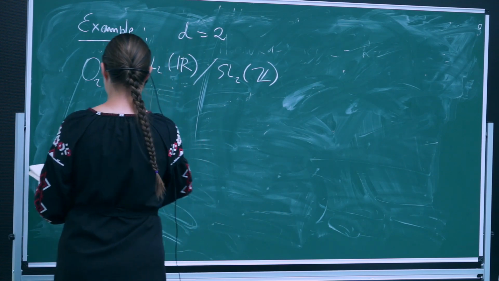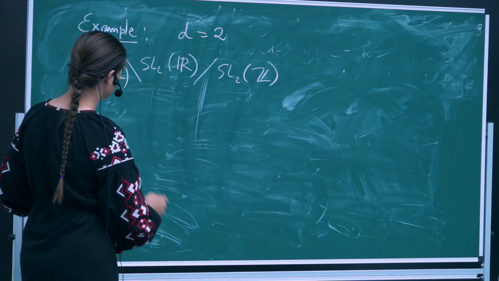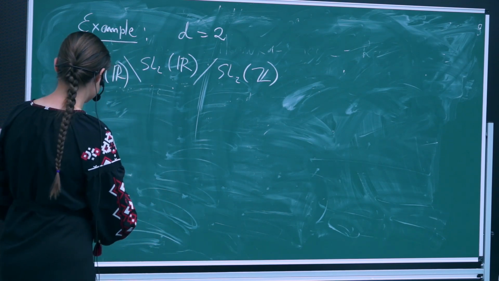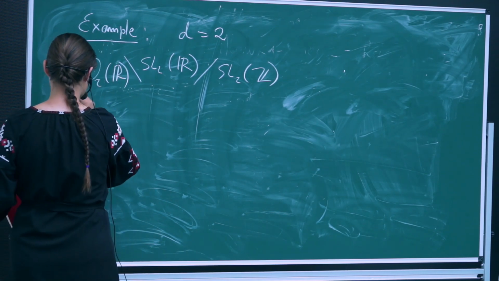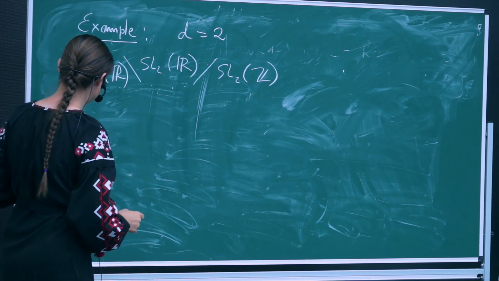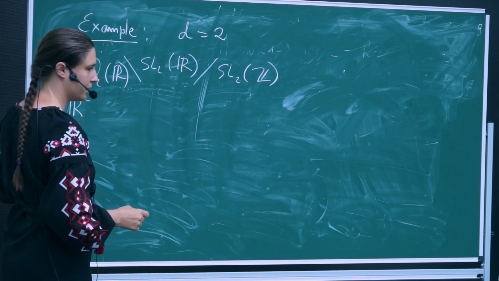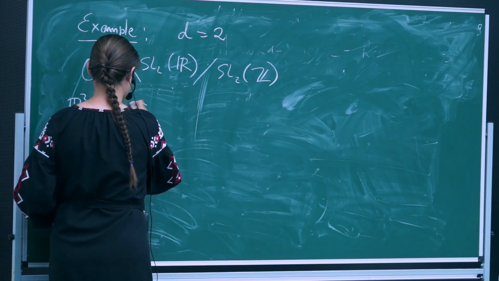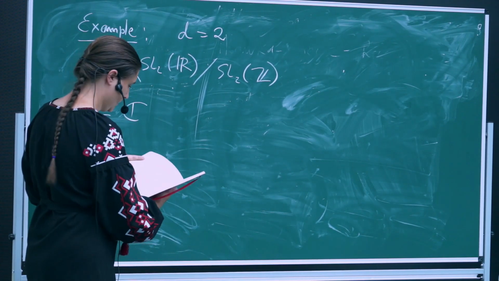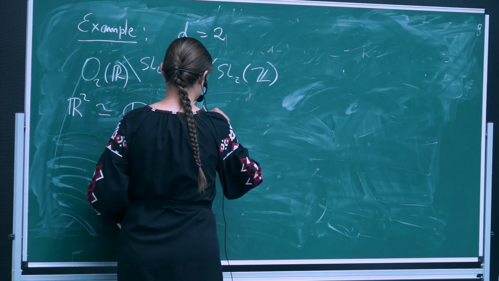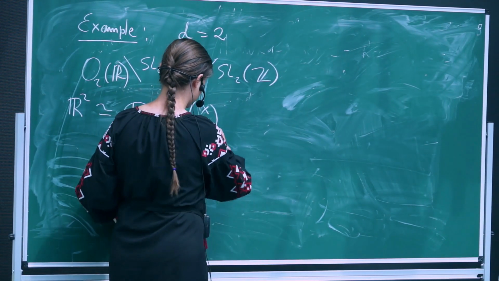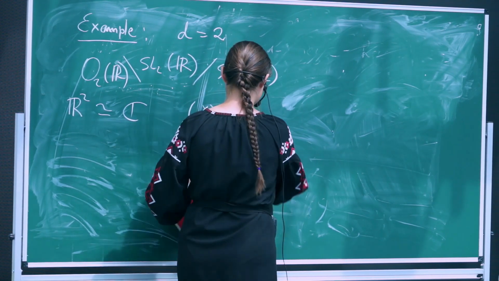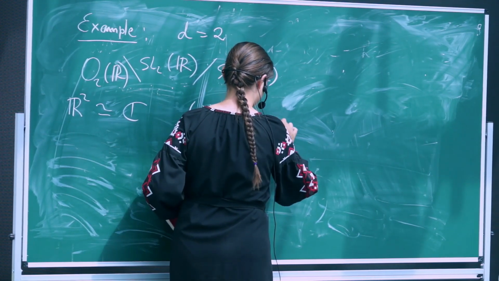Here we will do what is usually done in number theory with this space. First, it will be convenient to think of the Euclidean space R^2 as identified with the complex numbers. If we have a vector with coordinates x, y, we map it into the complex number with real part x and imaginary part y.